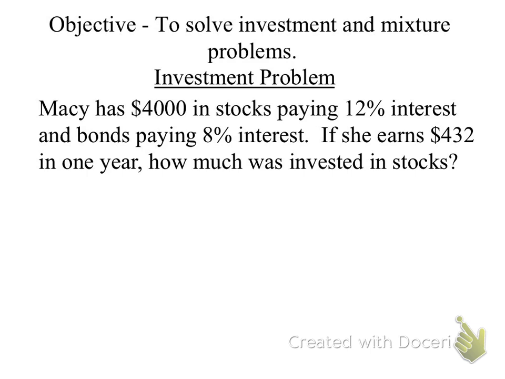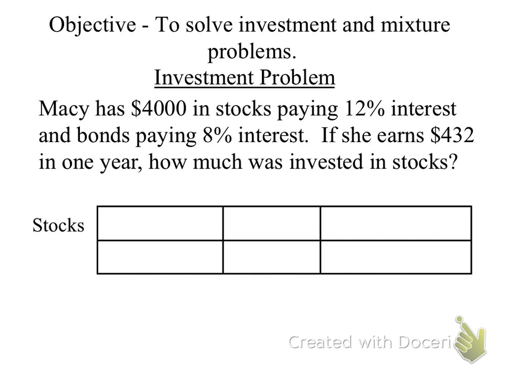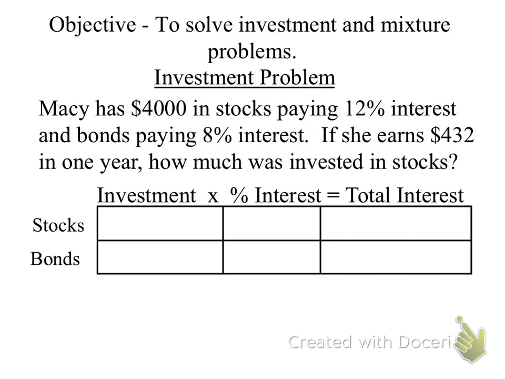So, an investment problem. Macy has $4,000 in stocks paying 12% interest and bonds paying 8% interest. We're comparing stocks and bonds. This is what I asked you to name your boxes: amount times the unit. And what's the unit here?